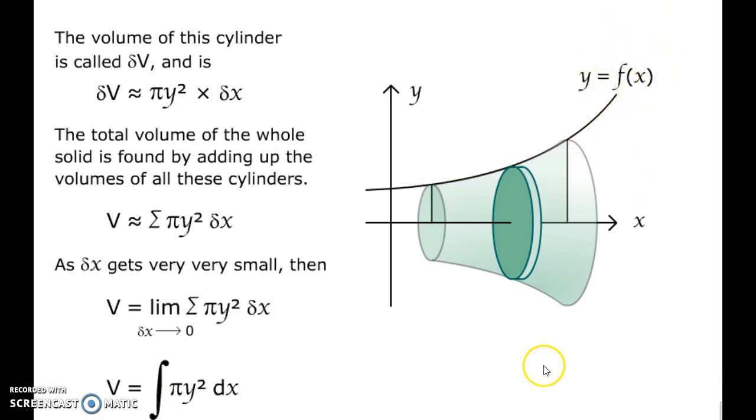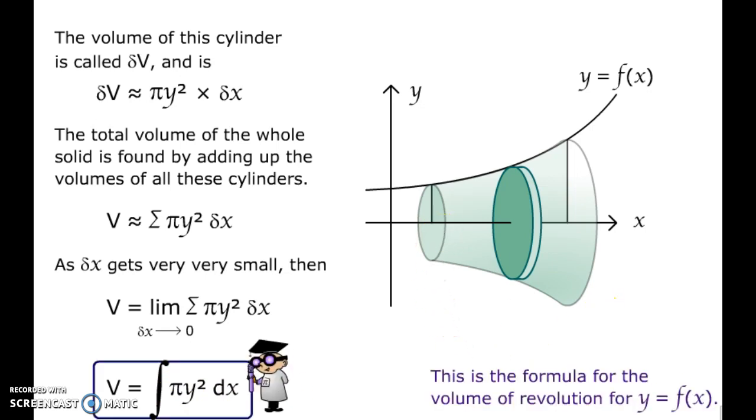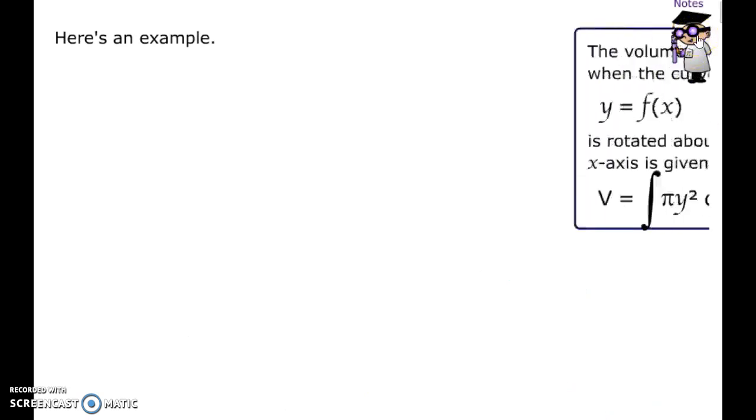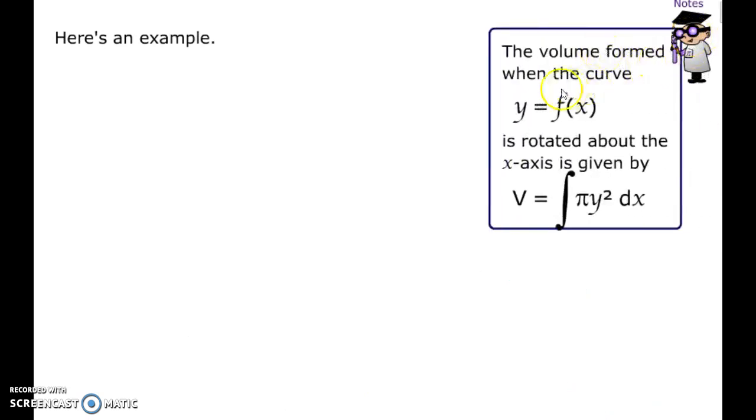So remember, you need to square the function, multiply by pi and delta x, and integrate between the limits. That's called volume of revolution, and that's the formula. Again, the volume formed when the curve y equals f(x) is rotated about the x-axis is given by pi times the integral of y squared dx. Remember to put in the limits.